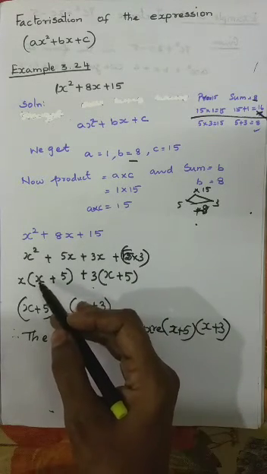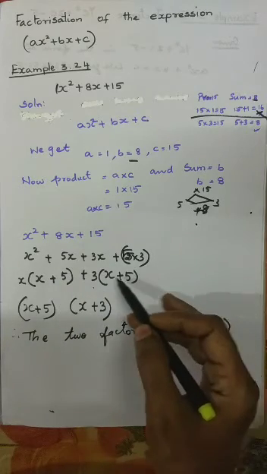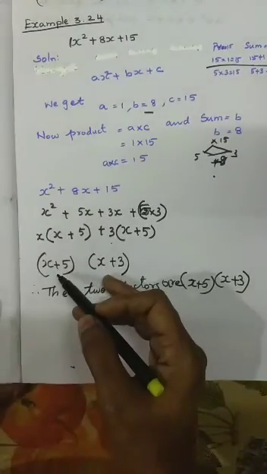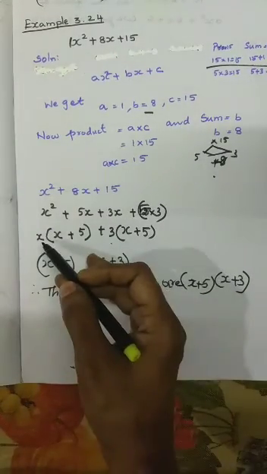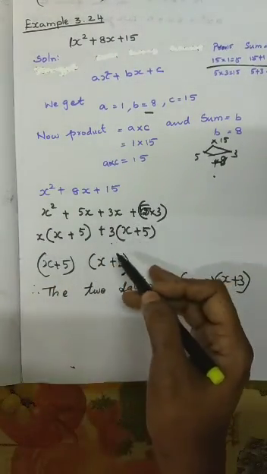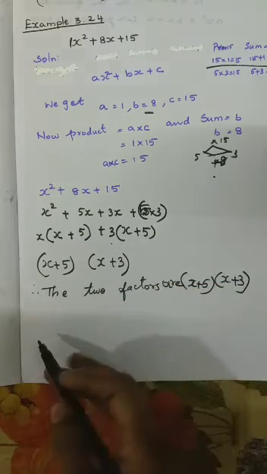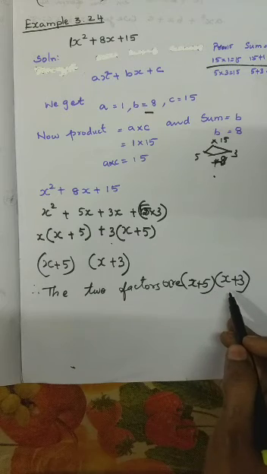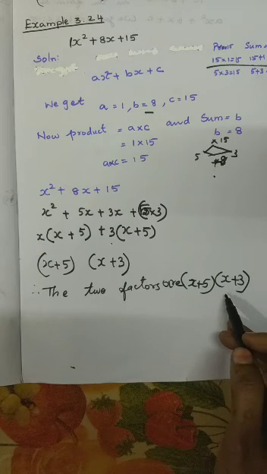So again here is x plus 5 and here also x plus 5. So you take x plus 5 common outside. Then remaining in this term is x, and remaining in this term is 3. So the two factors are x plus 5 into x plus 3.